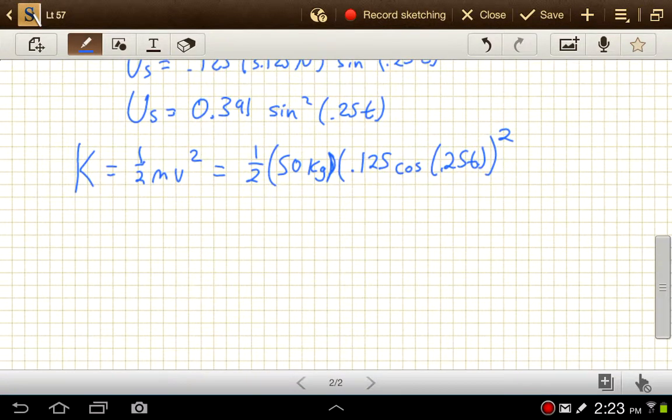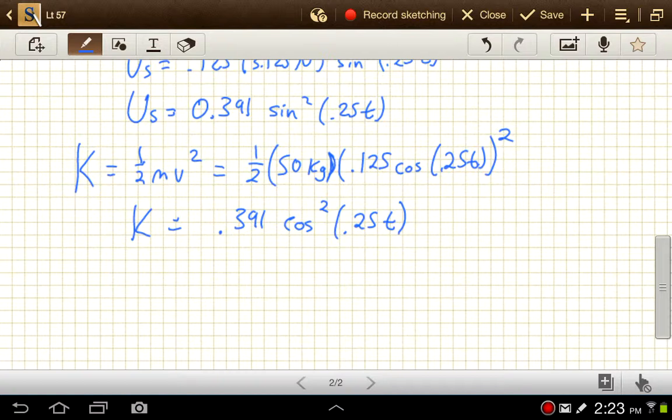So now we can rewrite that as K equals, let's see, 50 times 1/2 is 25, times the 0.125 squared. That'd be equal to 0.391 times the cosine squared of 0.25 t.